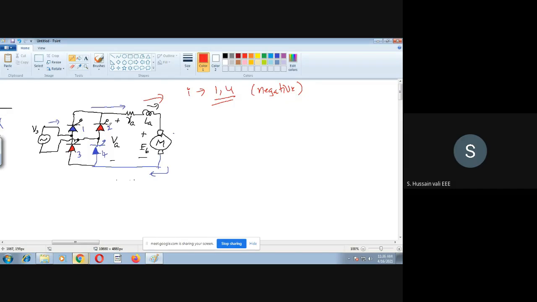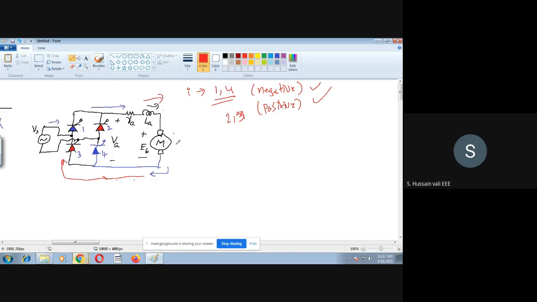Now when you trigger 2 and 3, the current which is there in the inductor, which was flowing earlier like this through 4, won't flow through 4, but rather it flows through 3. Why it flows through 3 is that across 2 and 3 there is a positive voltage, whereas across 1 and 4 there is negative voltage.